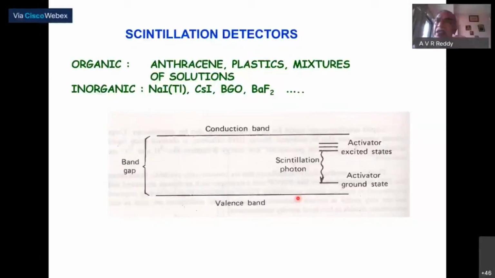What is a semiconductor? I think I might have talked about it in the last class. Otherwise, you all know that you know the meaning of band gap, that is the gap between the valence band and the conduction band. For good conductors, it is 0, like gold, aluminum, copper. For insulators, it is more than 6 eV. And in between, we call them semiconductors. Germanium and silicon are very good semiconductors, and we can also make semiconductor materials by combinations.